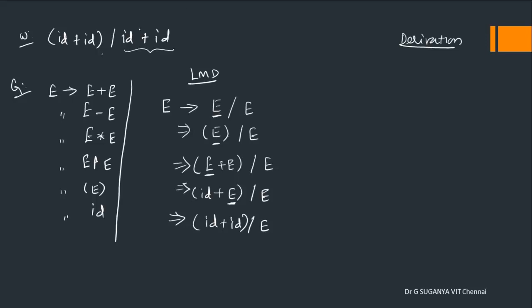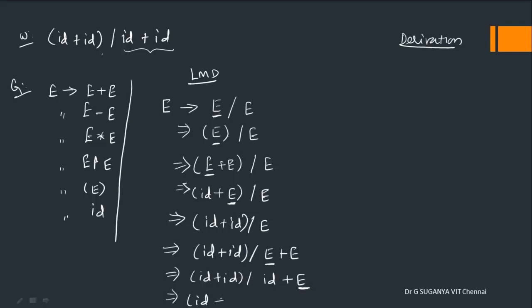It contains plus and hence the corresponding production has to be used. So ID plus ID slash E plus E. Fine. So this is the next non-terminal we do have. So ID plus ID slash ID will be there, plus E will remain as it is. So again you have E, ID plus ID.